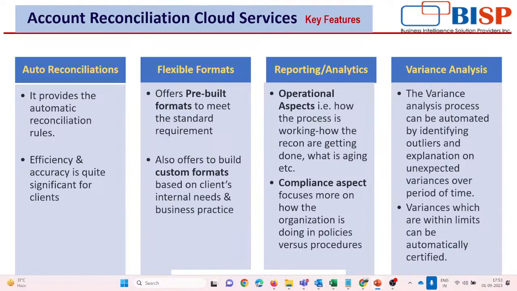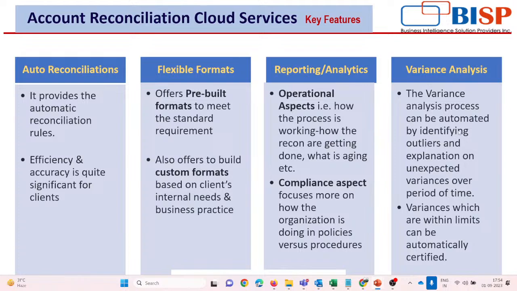It is provided under the operational aspect, and it also covers the compliance aspect, which is the important one: whether the reconciliation is being done, and whether all the policies or the SOPs meant for this are being followed or not. Similarly, then we have this variance analysis.